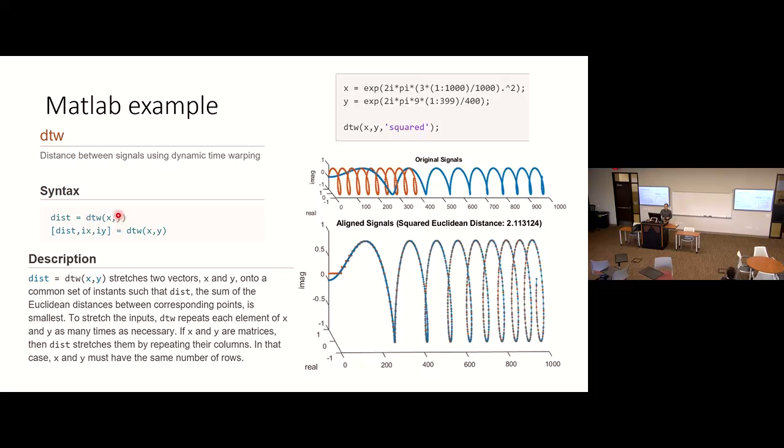So this is the MATLAB function dtw, and x and y are two sequences of data. This will be the distance after alignment. Then you will get the new positions of those coordinates, so we can plot out and get the results very easily.